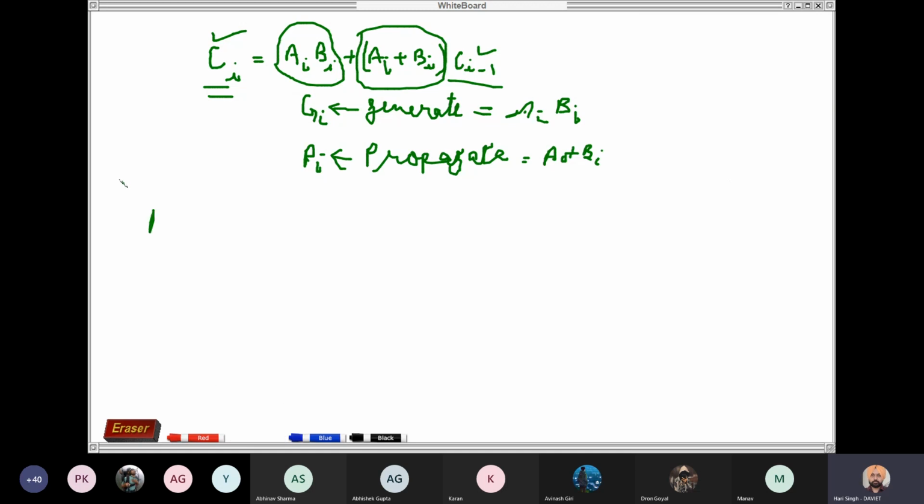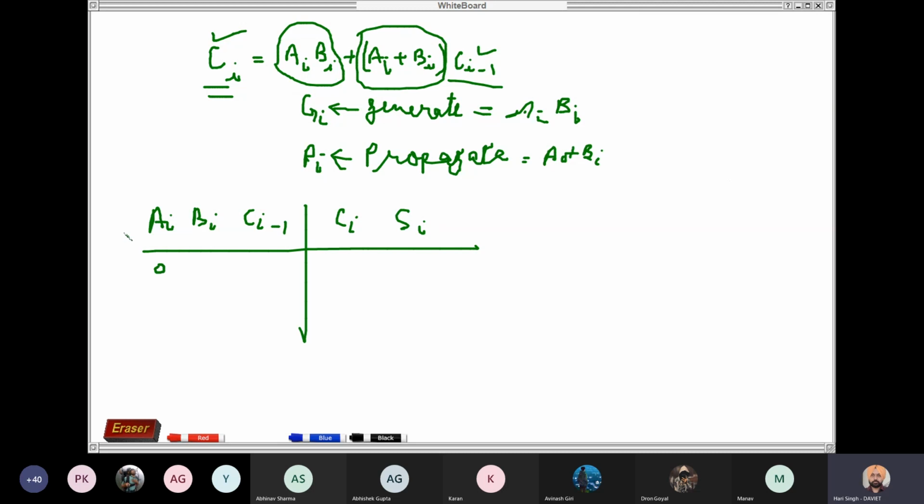Suppose we write inputs Ai, Bi and Ci minus 1, and the outputs will be Ci and the sum S. Let us take the case of 1 first.